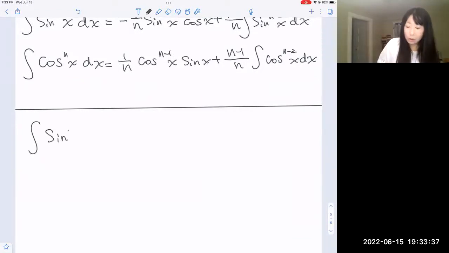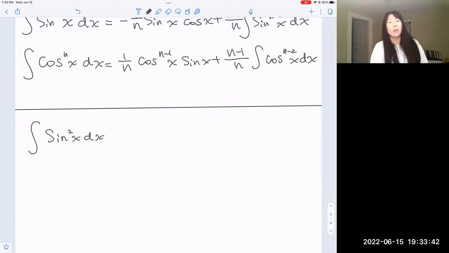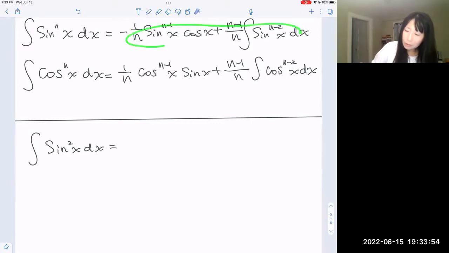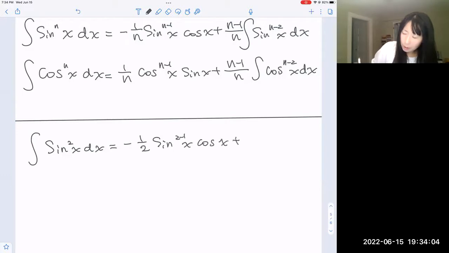We cannot integrate this one by using substitution, right? Then this one is a single power, so we can use a reduction formula. So I'm using that, with n equal to 2 in this case. So look, I'm using this one: minus 1 over 2 sine 2 minus 1 x cosine x plus 2 minus 1 over 2 integral of sine to the 2 minus 2.